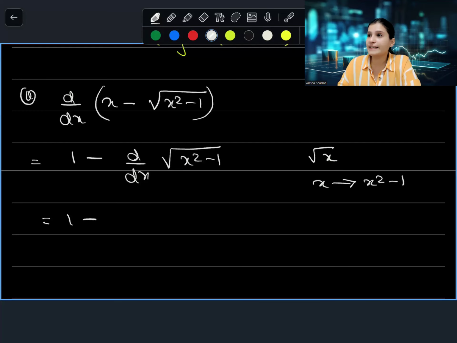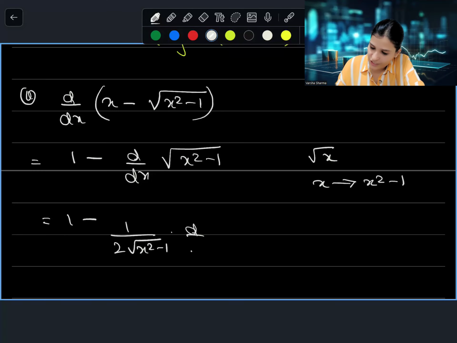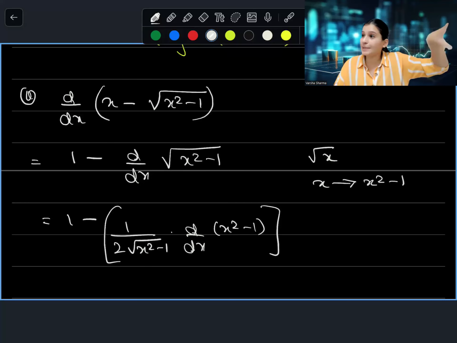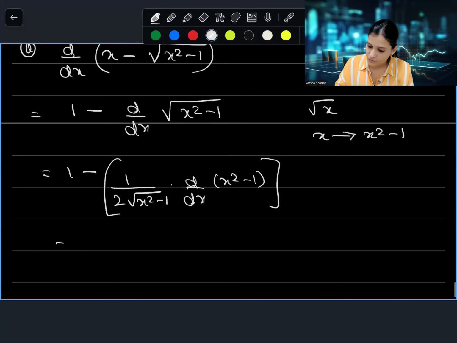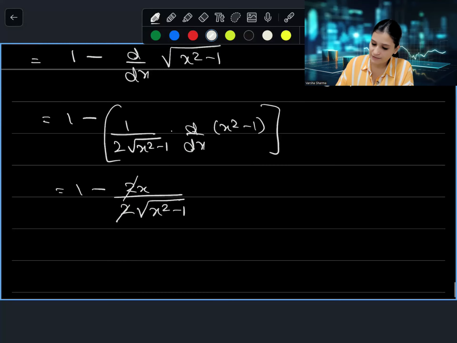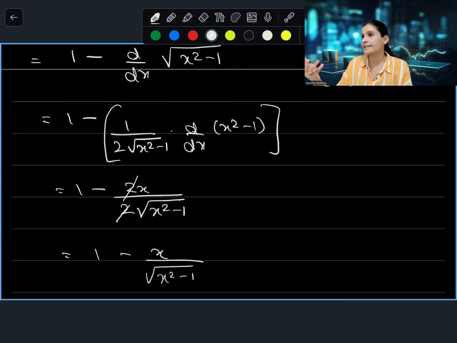So the differentiation of root x is 1 by 2 root x into the differentiation of x square minus 1. So 1 minus 2x divided by 2 under root x square minus 1, the 2 gets cancelled. In this particular sum, it's not necessary to take LCM because nothing gets cancelled.